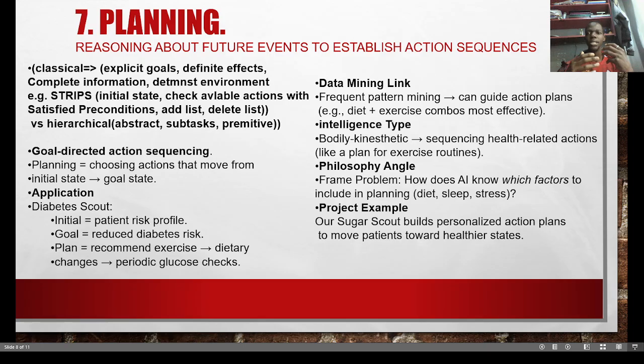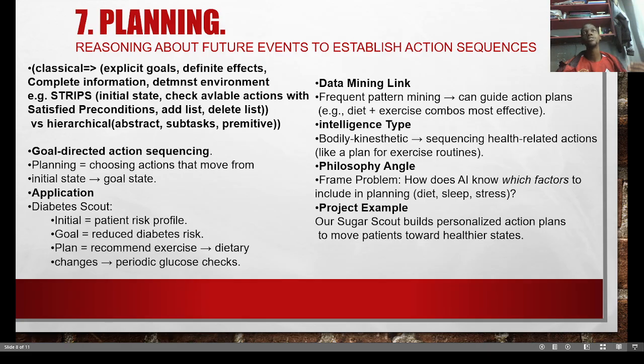In our example, you want to go to the workplace, but the precondition is that you need to have transport. If you have transport, then you can board a taxi. So the available action here is boarding a taxi, with the satisfied precondition that you have transport. Then we have the add list and the delete list.